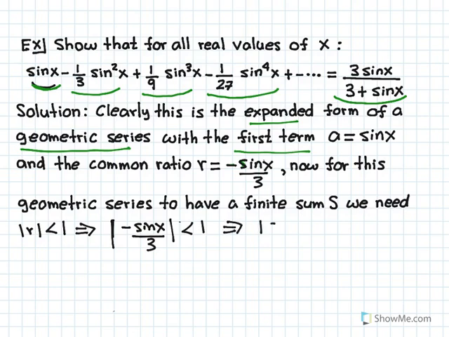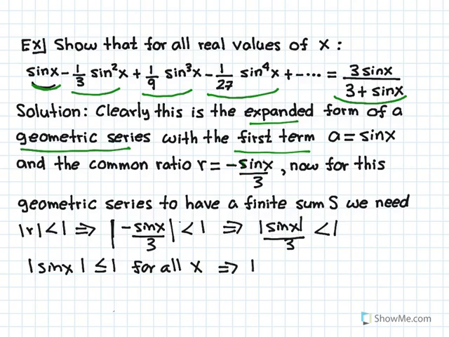Simplifying, we get the absolute value of sine x divided by 3 should be less than 1. Now, we know that the absolute value of sine x is always less than or equal to 1 for all values of x. Sine is a ratio of its opposite over hypotenuse, so its magnitude is never more than 1.